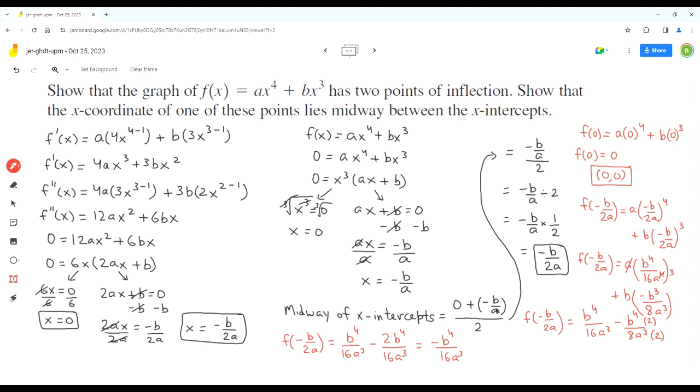So this is the y coordinate of the second inflection point. So the second inflection point can be written as follows. So this should be the final answer for this problem. So this is the second inflection point for this function.